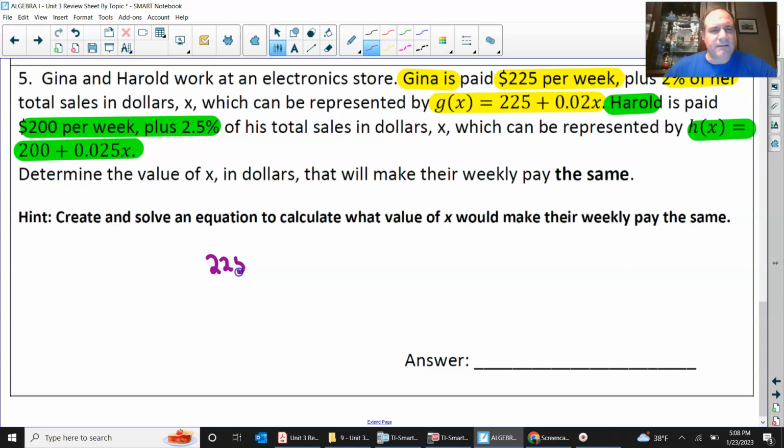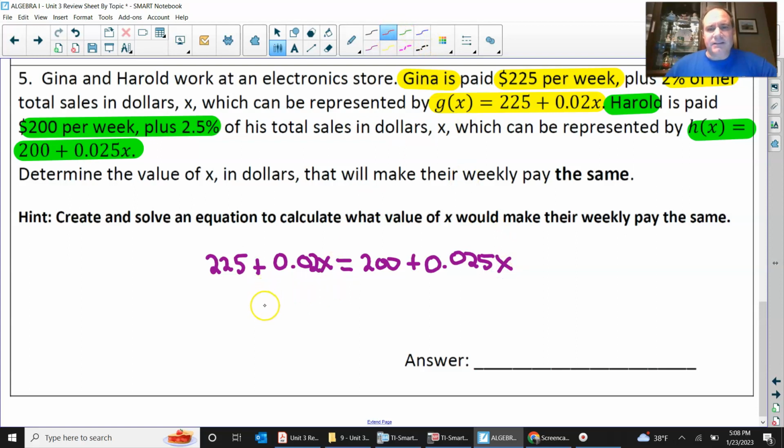So 225 plus the 0.02x equals, you're going to figure out when they cost the same, 200 plus 0.025x.